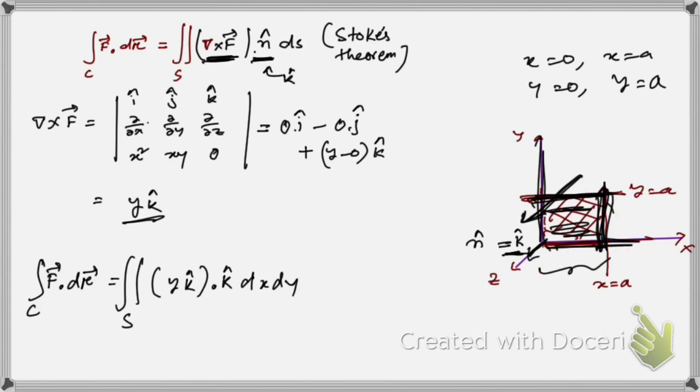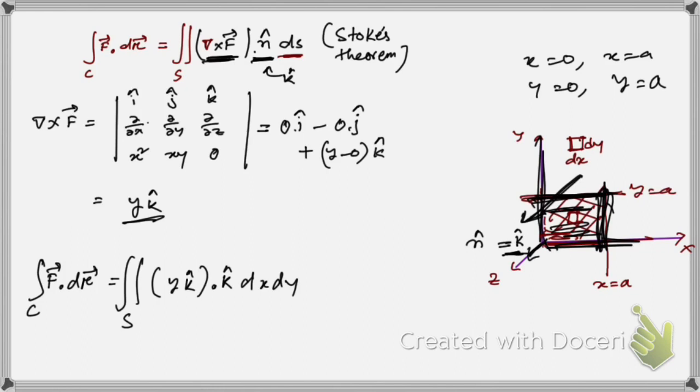If you consider a very small area element on this square of length dx and breadth dy, then we can replace ds by dx dy.